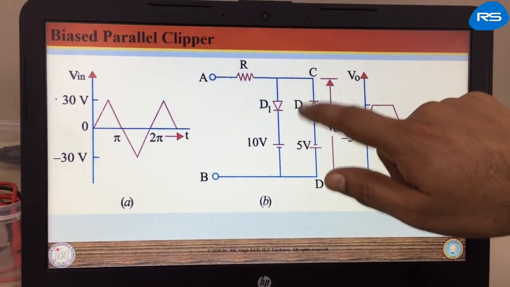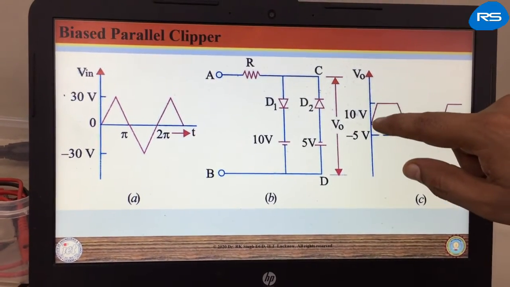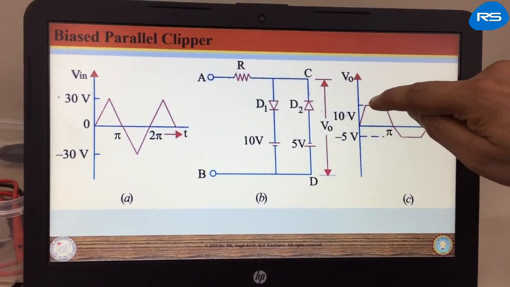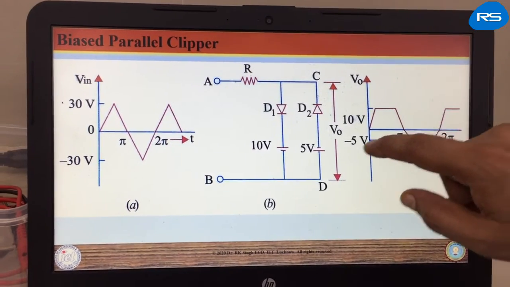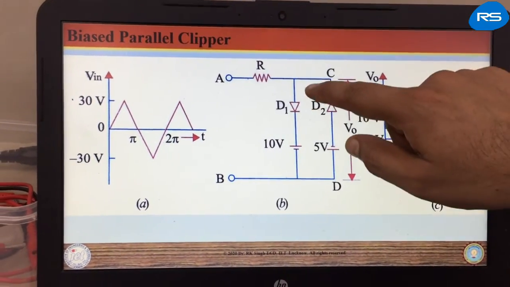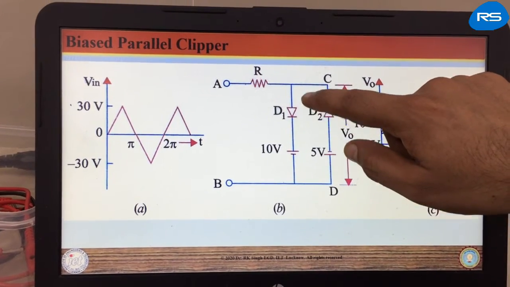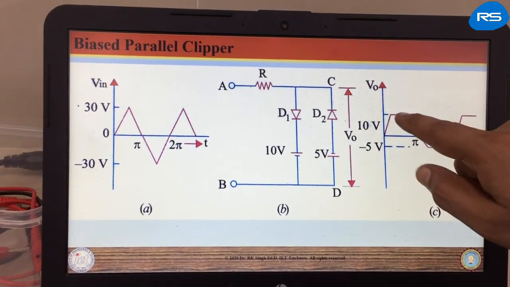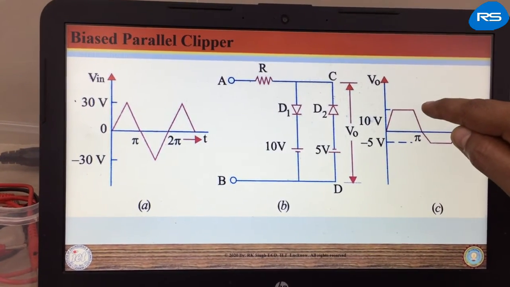So in this way, up to 10 volt we get a replica of the input signal. As soon as the input signal is greater than 10 volt, diode D1 conducts and we get a constant 10 volt output.